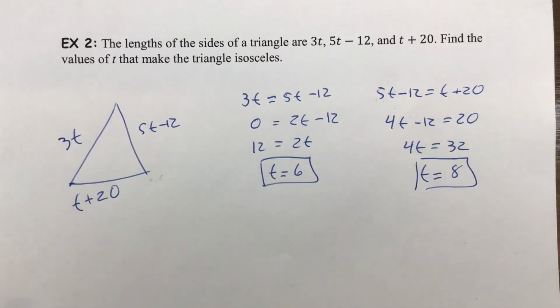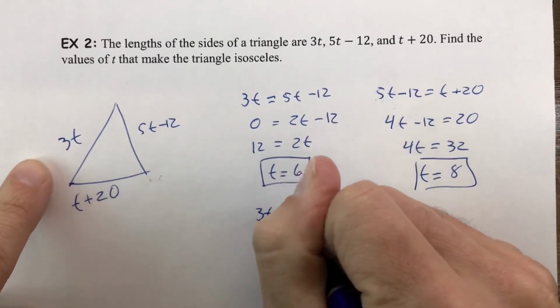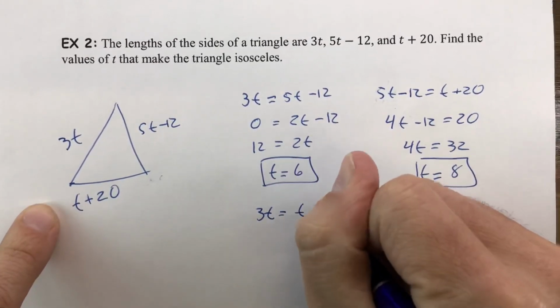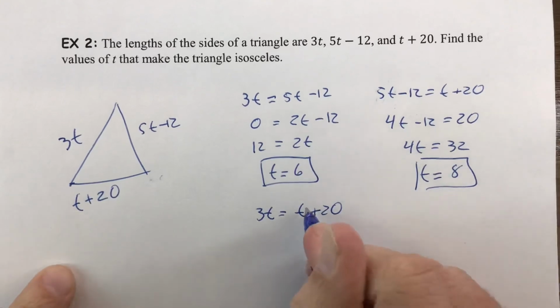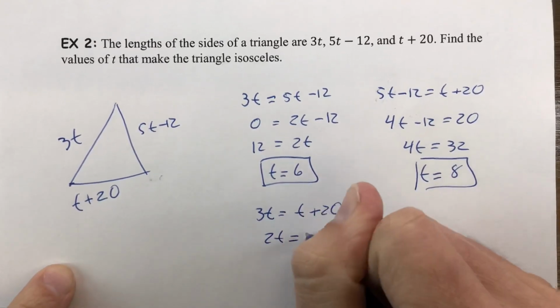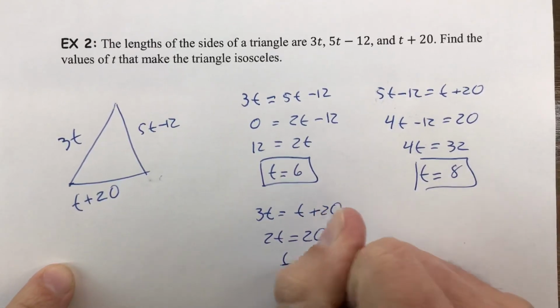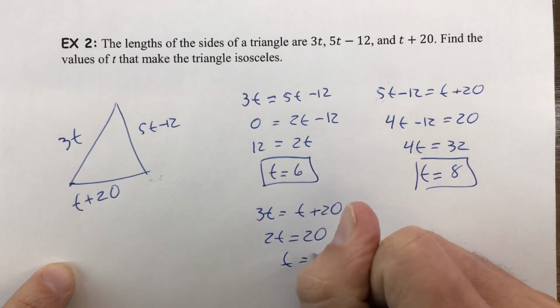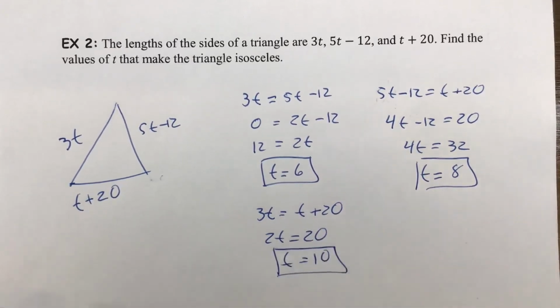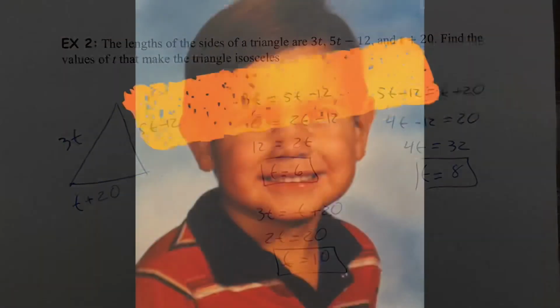And we can also look at maybe 3t being equal to t plus 20. Subtract a t, 2t is equal to 20. t is equal to 10. Any of those could actually work out. We just don't know which sides are actually going to be congruent to each other.